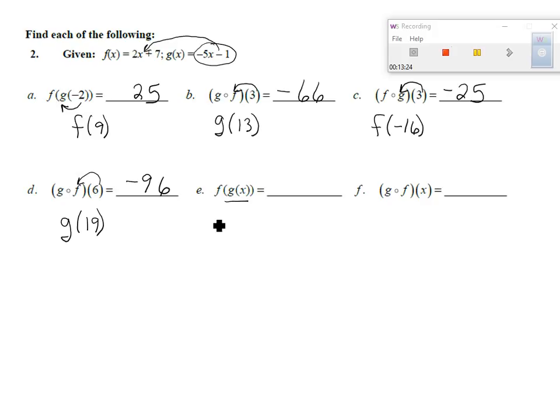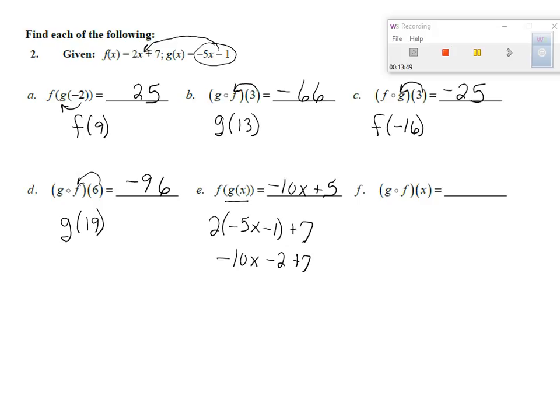So it's going to look like this. 2 times negative 5x minus 1 plus 7. So I dump g into f. Simplify this, negative 10x minus 2 plus 7. So I'm going to get negative 10x plus 5.